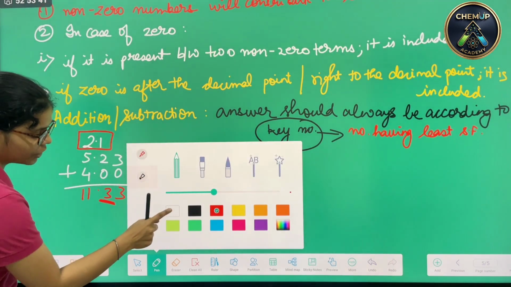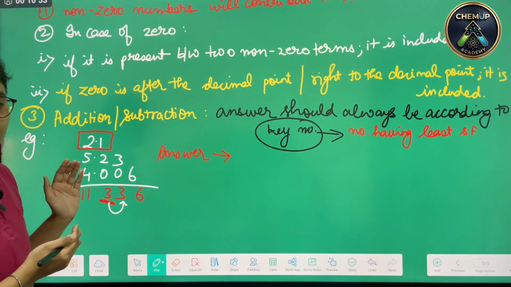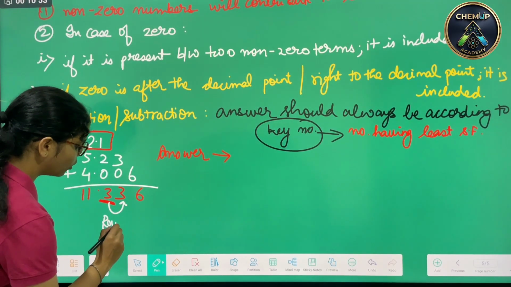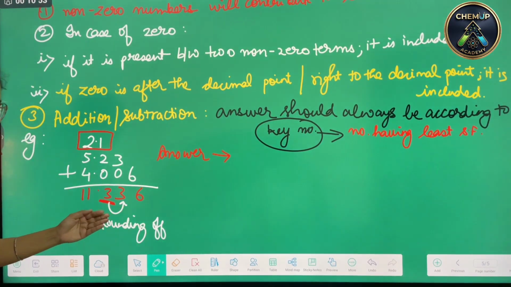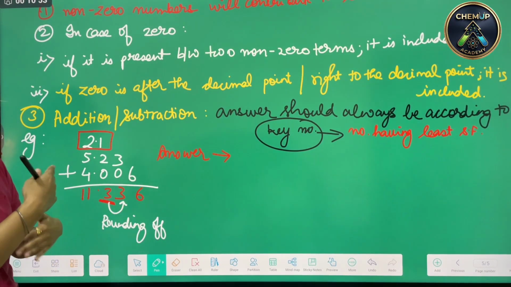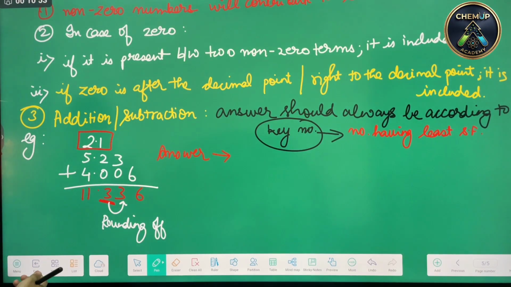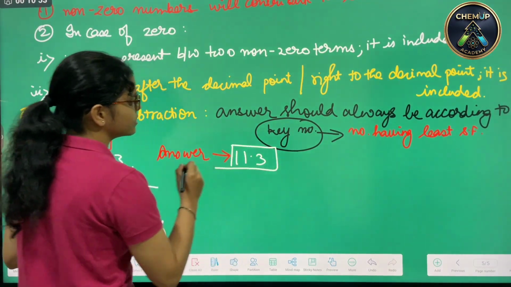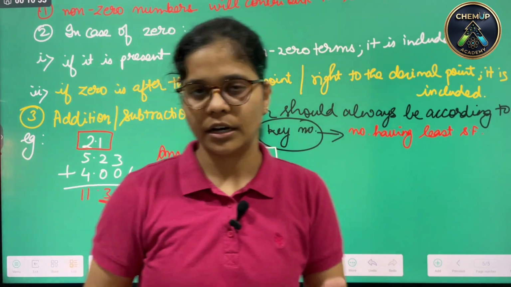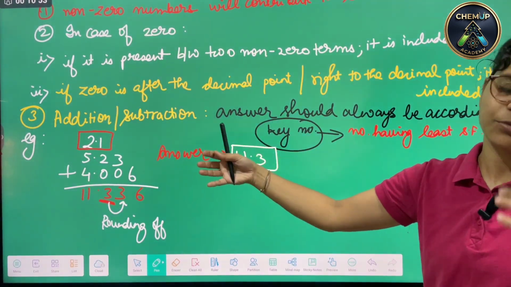On rounding off, what we need to observe is what is after 3. If it is less than 5, the number stays as it is. If it is more than 5, the number usually increases by one digit. So we have 11.33, therefore it becomes 11.3 as an answer. In most accepted scientific notation, this is how we perform addition and subtraction.